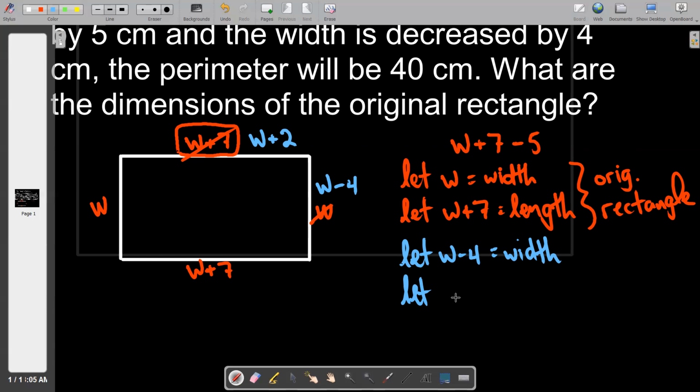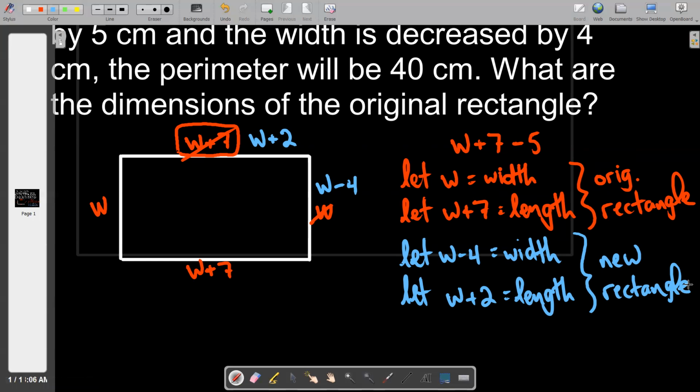W plus 2. Good. And I definitely want to label these just like I did in red up above. I want to label these as the new rectangle, right? So again, that's what I was wondering if it was going to be a part of today's lesson. And so I'm going to leave that there as a you don't have to do it kind of step, but let's see how you feel.